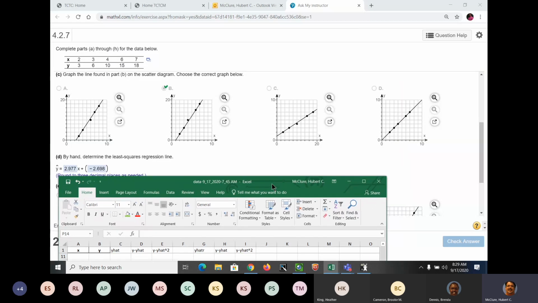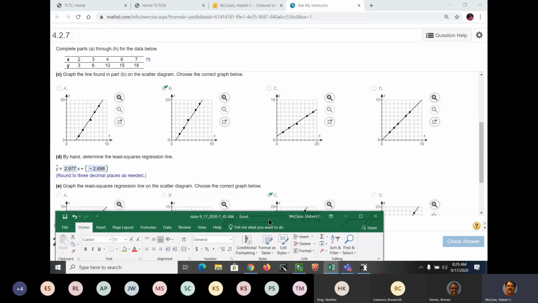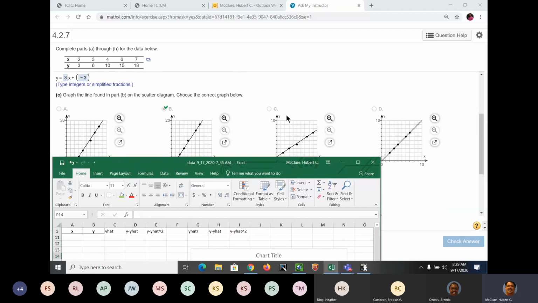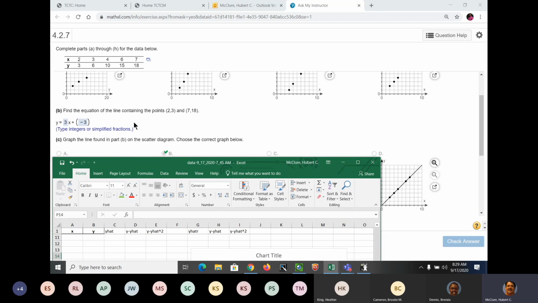Okay, now it says by hand, determine the least squares. There we go. And then the equation of the line. Here they are giving you a point and another point, and they want you to find the equation. This is the algebra that I told you that you have to know.